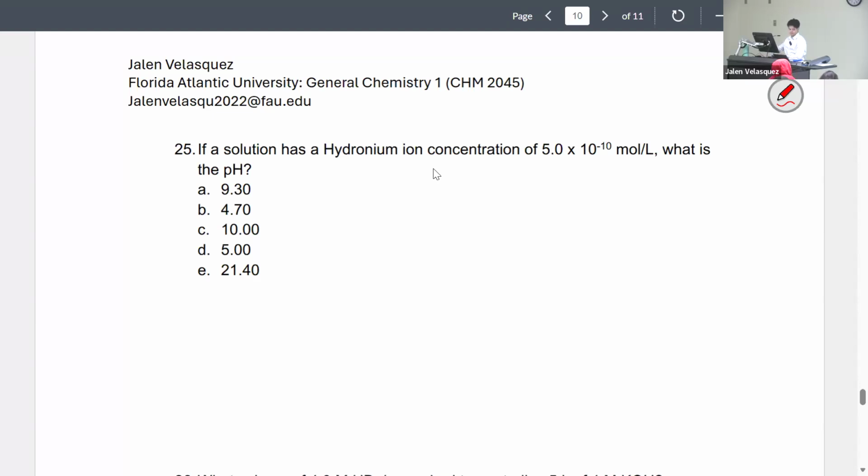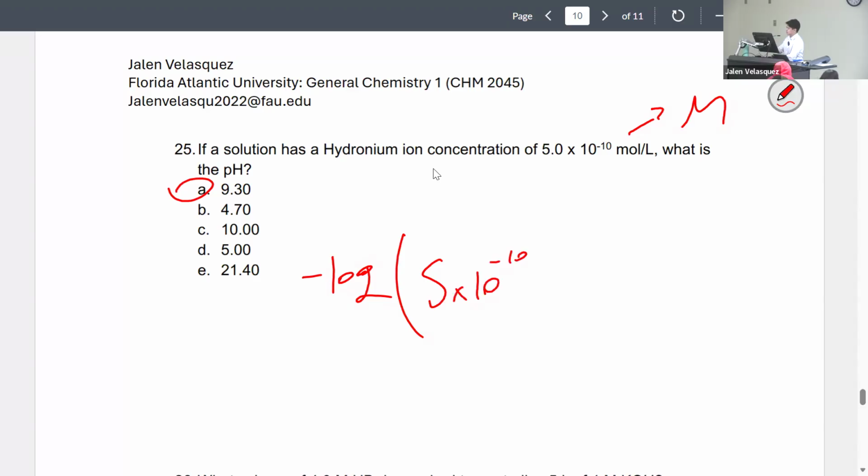So what's the answer here? A, right? How do you find pH? You take the negative logarithm of the hydronium concentration, right? Remember, moles per liter is the same thing as saying molarity. So you take the negative logarithm of 5 times 10 to the negative 10, and you will get A.